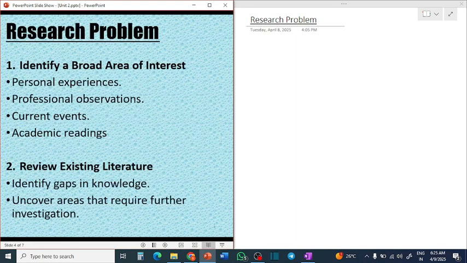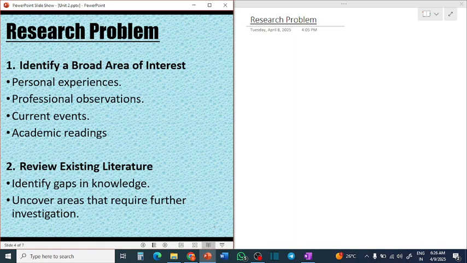So, research problem. Research problem is the most basic part of any research. This is the way in which we start a research. First of all, for finding the research problem, you have to select a broad area of interest.